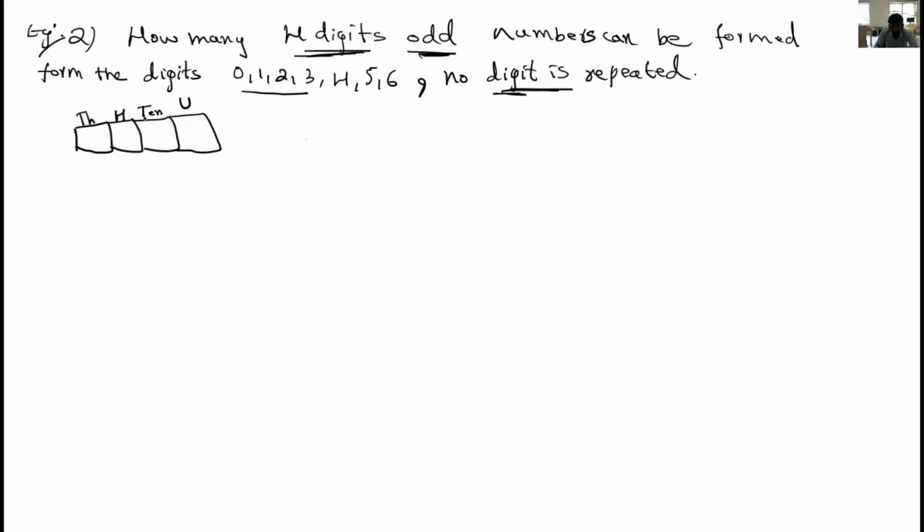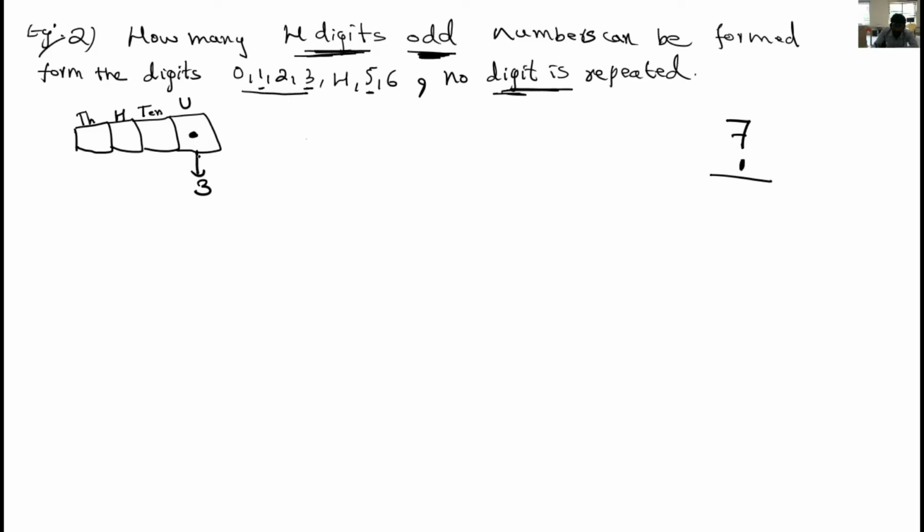Okay, now see, 2 restrictions are there. One is the 4-digit number, another one is the odd number. First consider the odd number case. How many possibilities are there? 1 here, here one more odd number, here one more odd number. So for unit place 3 possibilities are there, but at a time we can take only one number. That means out of 7 numbers, one number is already used.